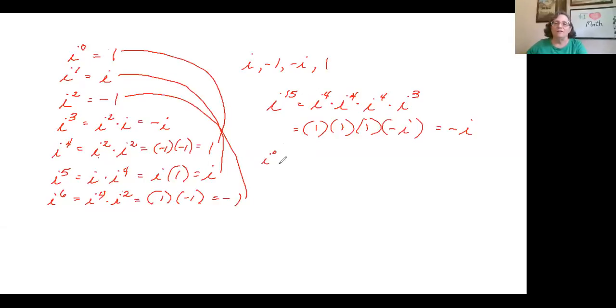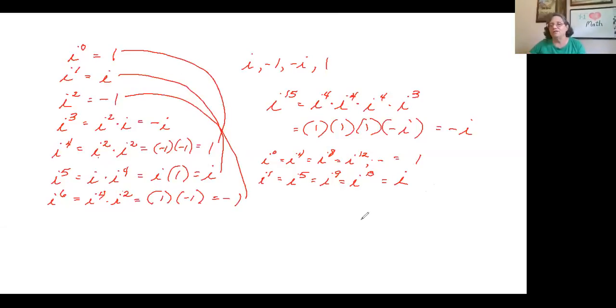So i to the 0, i to the 4th, i to the 8th, i to the 12th, etc., are all equal to 1. i to the 1st, i to the 5th, i to the 9th, i to the 13th are just all going to equal i to the 1st, which is just i.